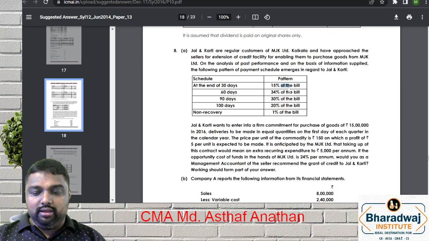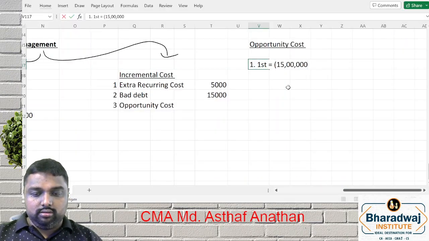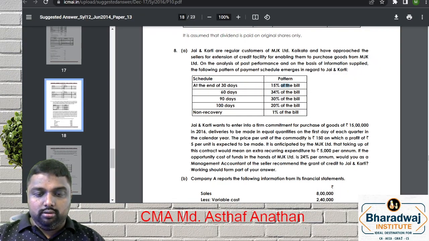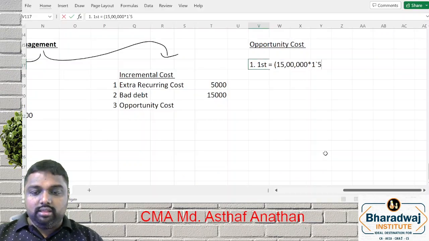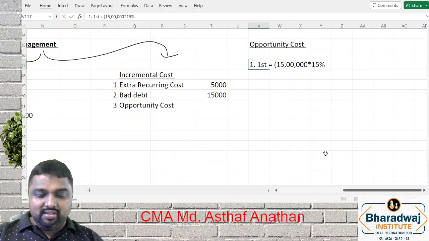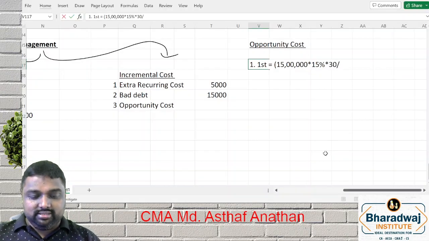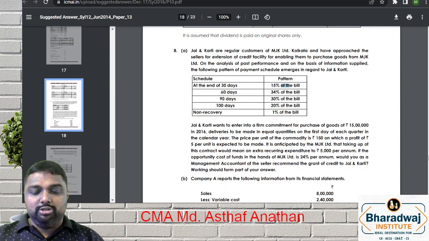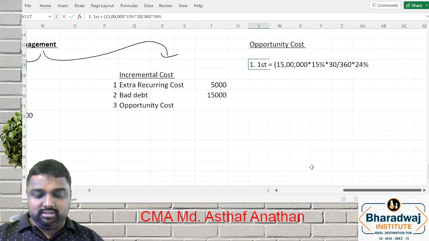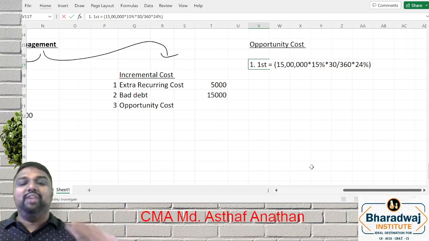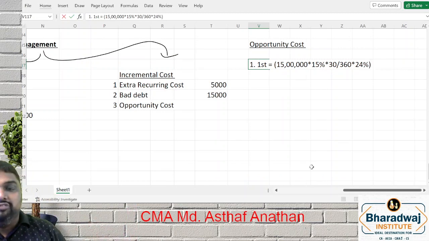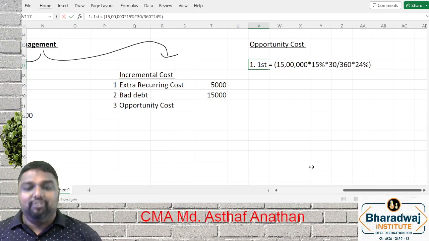So, first, how will it be? 15 lakh into 15%. You are going to get it at 30 days. What is opportunity cost? 24%. That's all. You have to keep this for each level. 15 lakh into 15% into 30 by 360.